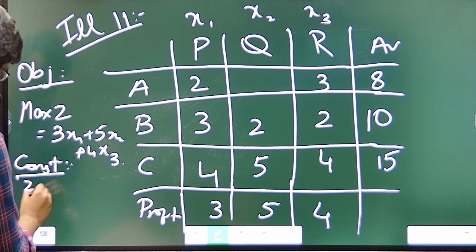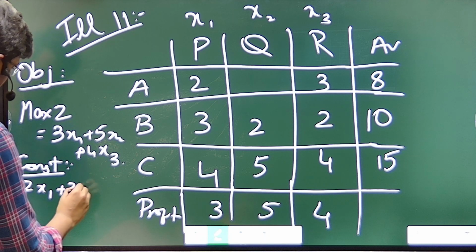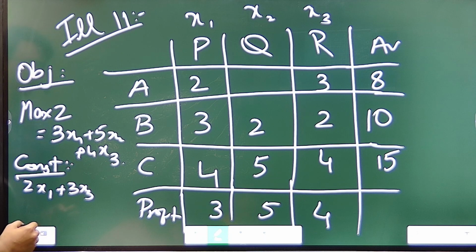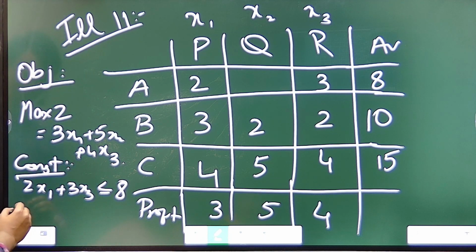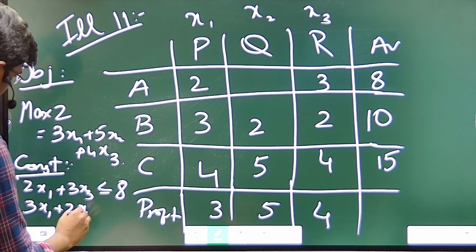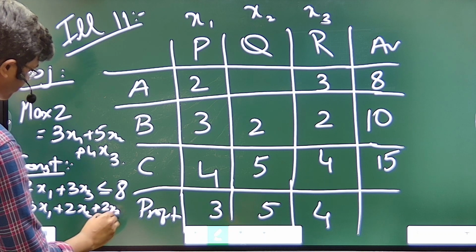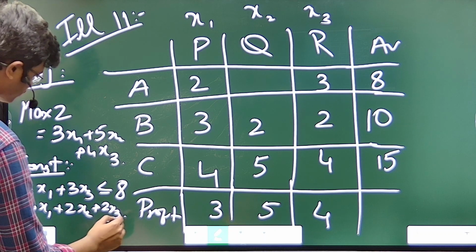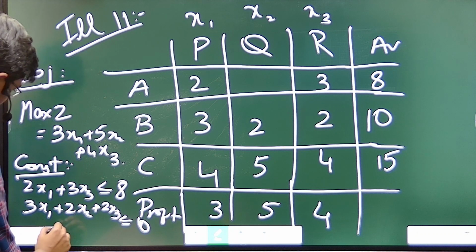2x1 plus 3x3 less than or equal to 8. Correct. Similarly, 3x1 plus 2x2 plus 2x3 less than or equal to 10. And the last one.